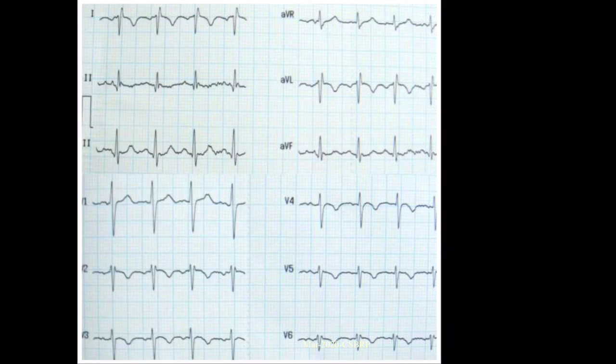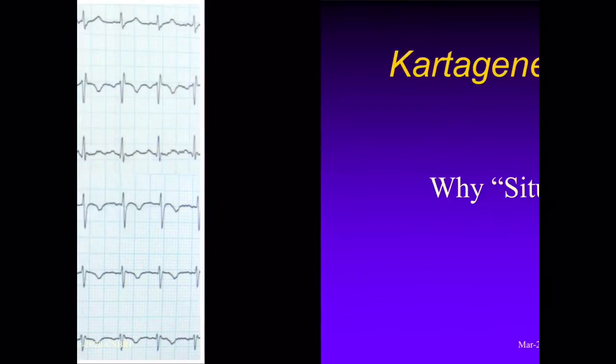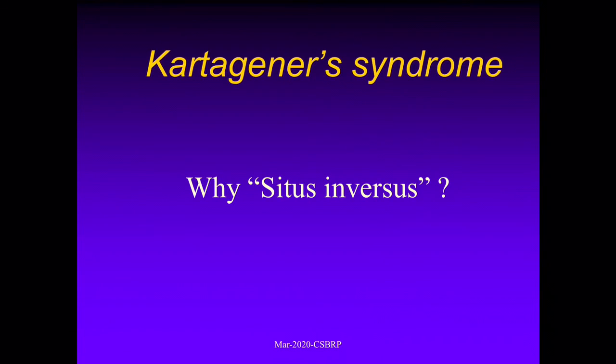And if you look at the ECG, a reversal of ECG changes can be appreciated, especially in the chest leads. The chest leads will show progressive decrease in the amplitude of R waves from V1 to V6. This is Kartagener syndrome, associated with situs inversus.